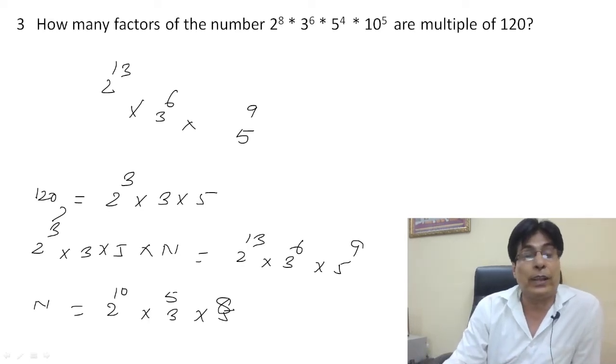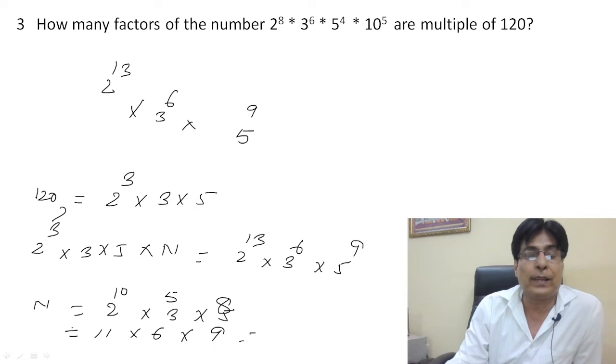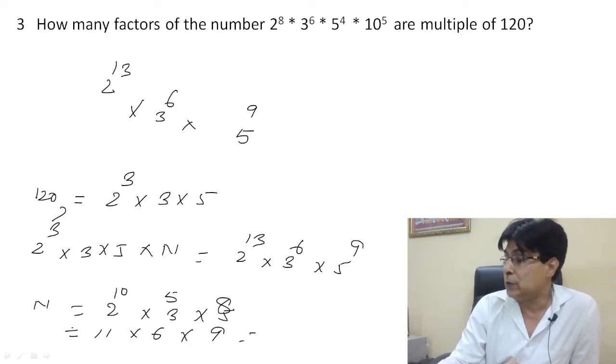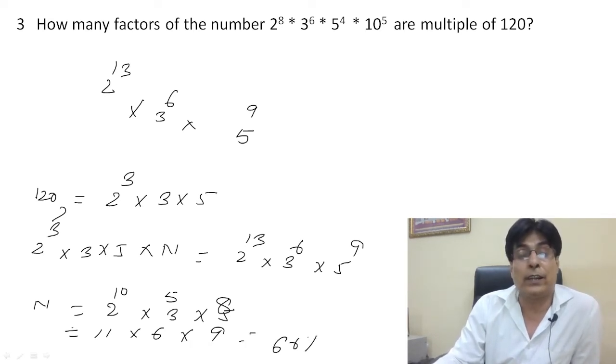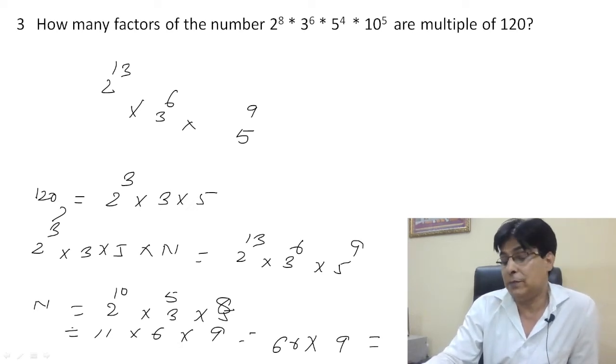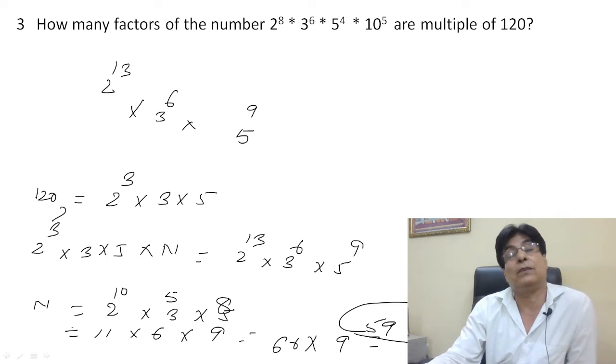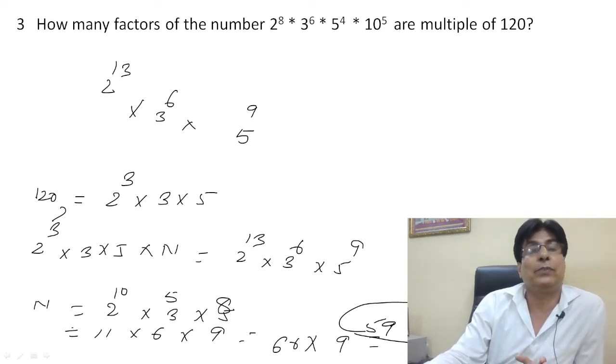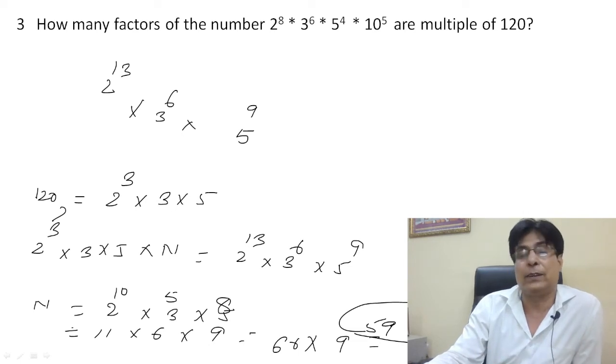Then the number of divisors is equal to 11 into 6 into 9, that is 66 into 9, which equals 594, means 594 multiples of 120 must be factors of the given expression.